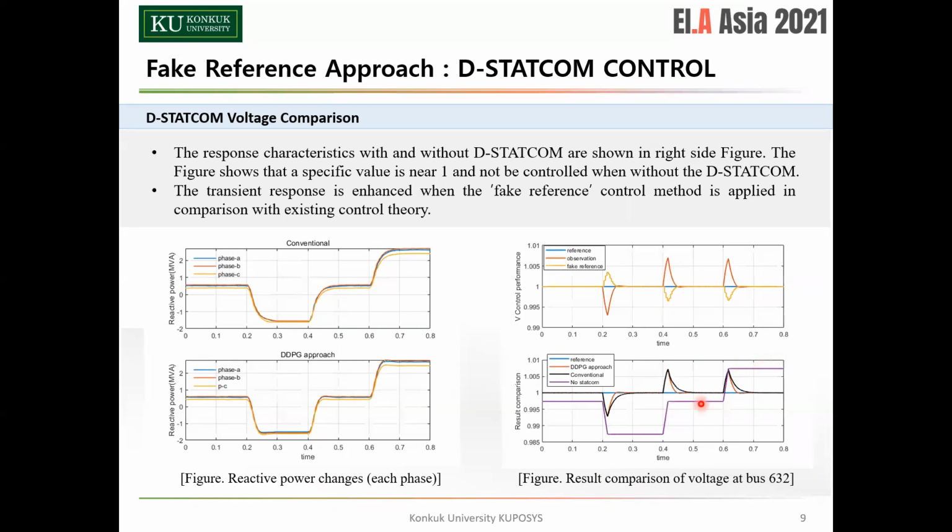The purple line is without the D-STATCOM. Besides, the transient response is enhanced when the variable reference control method is applied in comparison with the existing control theory. So this confirms that the model works adaptively with the programmable voltage source, which indicates variable power system conditions.